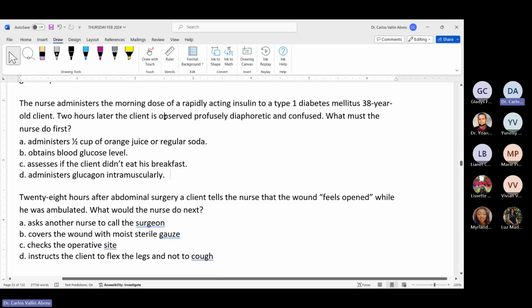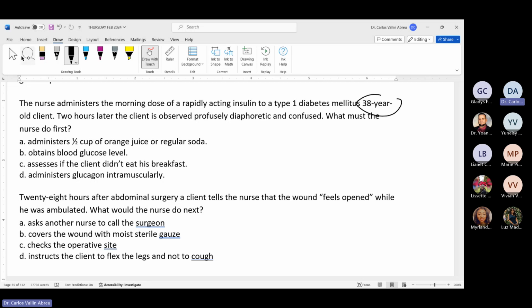The other way, Marie, that I used to convince the student that this is the right answer is when the client that is diabetic has a myocardial infarction. This is too young for a myocardial infarction, but it could be. Frequently, not always, but frequently, clients that are diabetics suffer myocardial infarction without pain or with atypical symptoms.